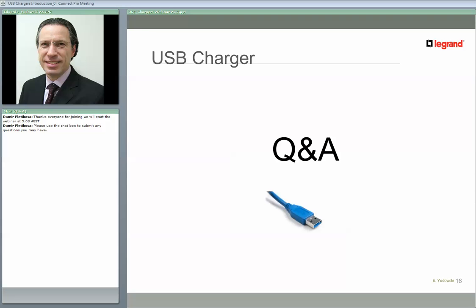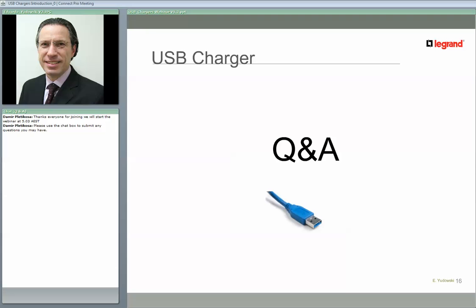There is a good question in here. Does the charger fit in a wall box? This particular charger doesn't. The reason is that we wanted to provide full charge capacity. We want to provide a 2.1 amp socket, and obviously we had to make a compromise between charging capacity and physical size.